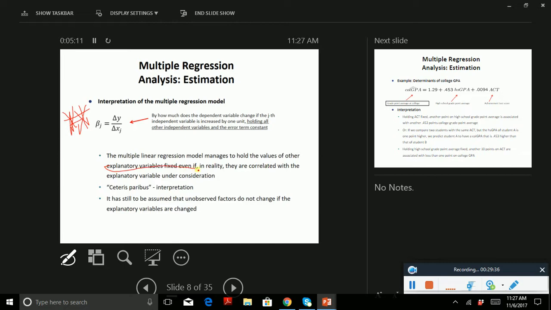So explanatory variables are fixed even if they are correlated with the explanatory variable under consideration, and it has to be assumed that unobserved factors do not change if the explanatory variables are changed. So ui is constant basically.